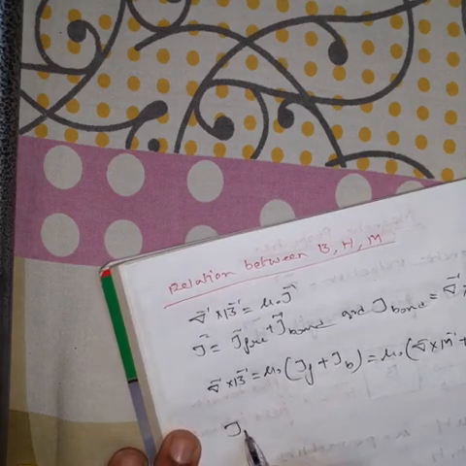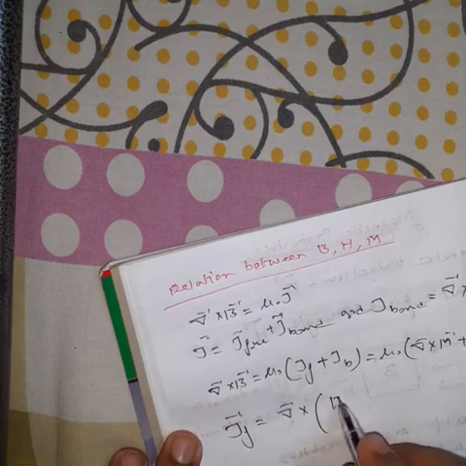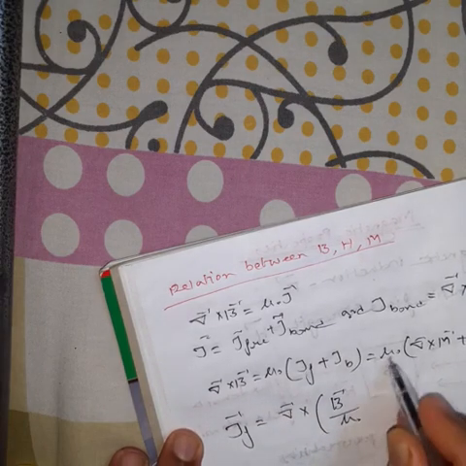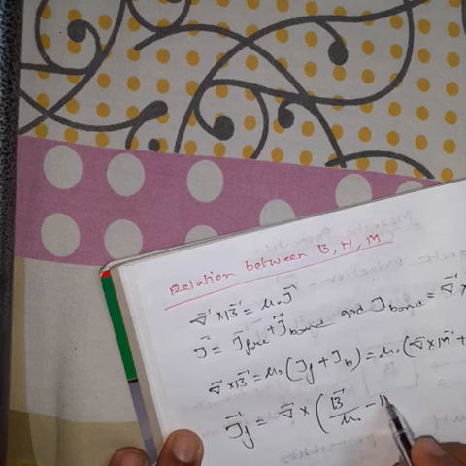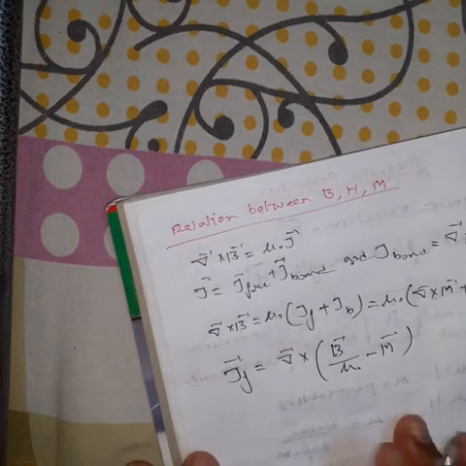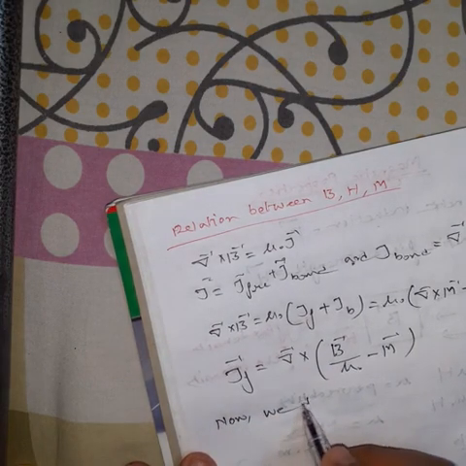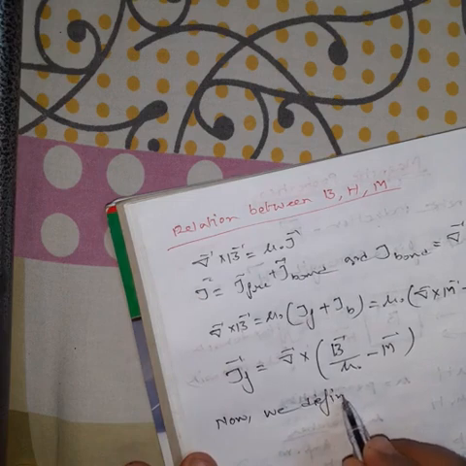So we can write J free is equal to curl of B by mu 0, taking this minus M. Okay. Now we defined H. So actually H originates like this.